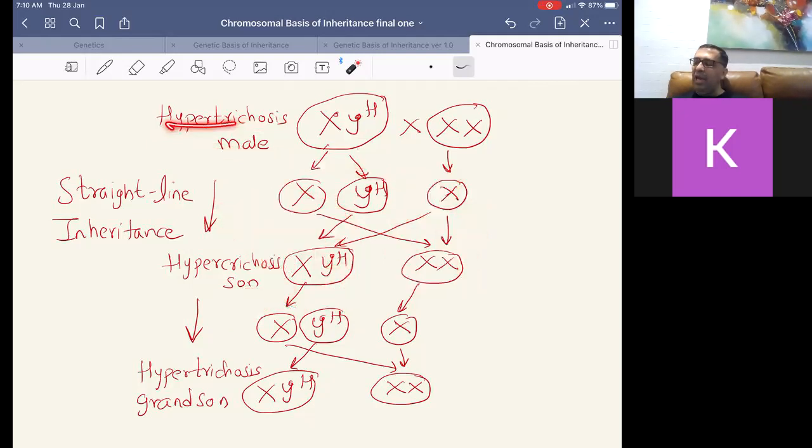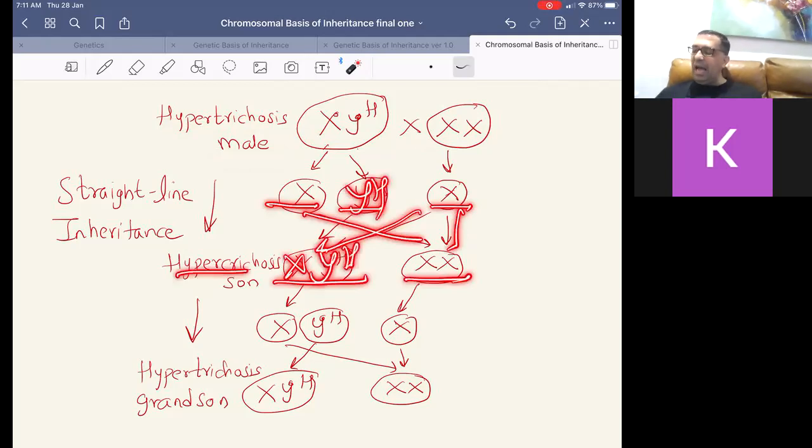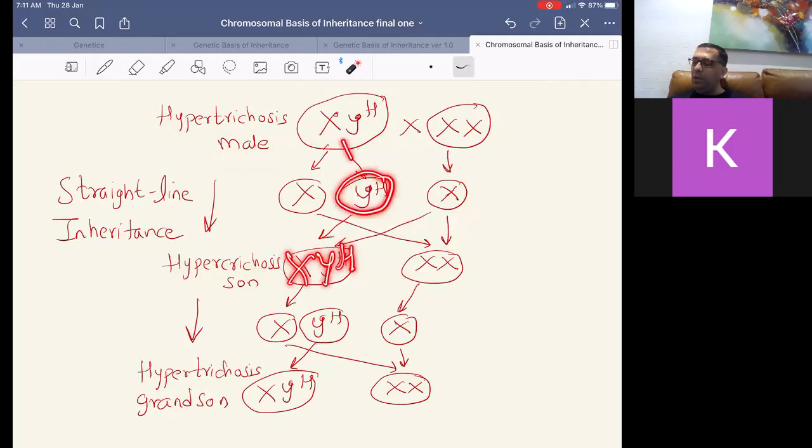And suppose a male has hypertrichosis, he has X, Y^H for hypertrichosis, and marries a female. The gametes formed will be X and Y^H, and X, of which the female will become XX, and the male will get X and Y^H from the father. So the son will have hypertrichosis because he got Y^H from the father.